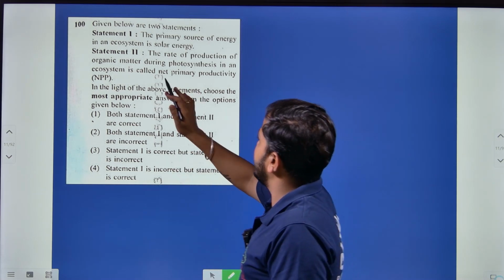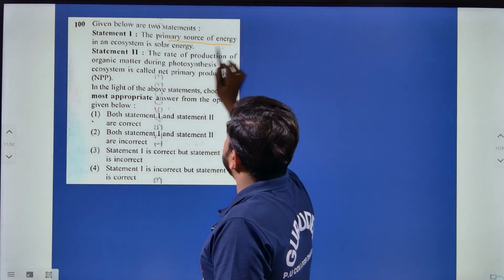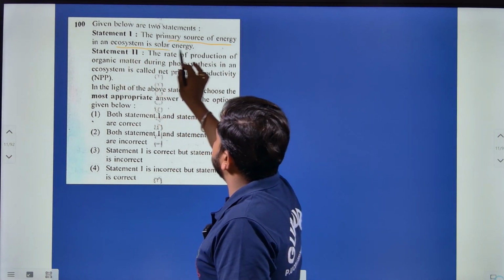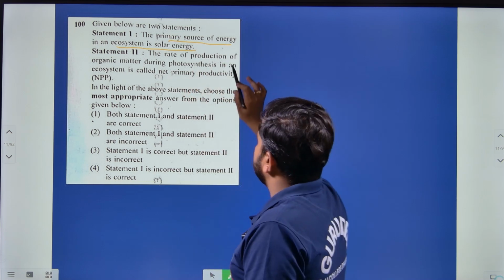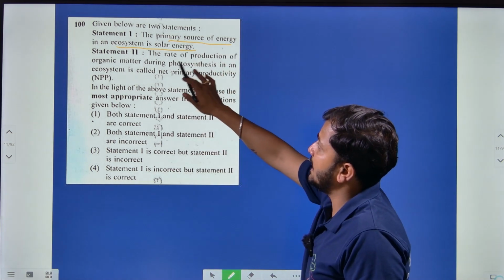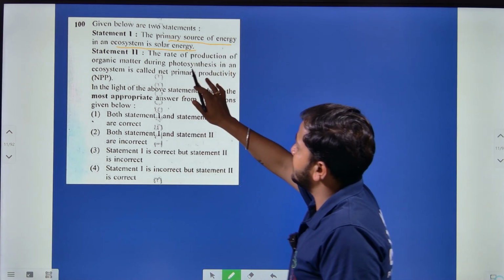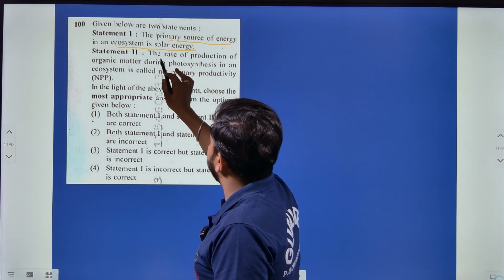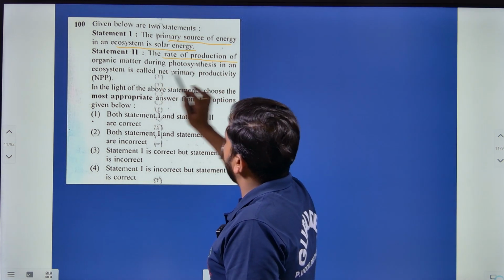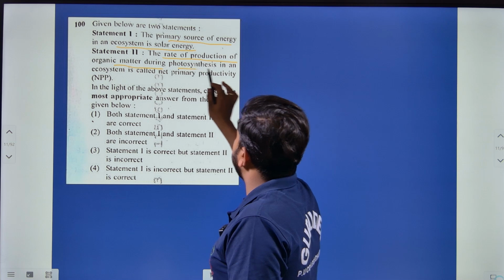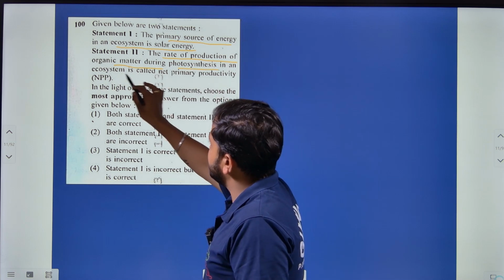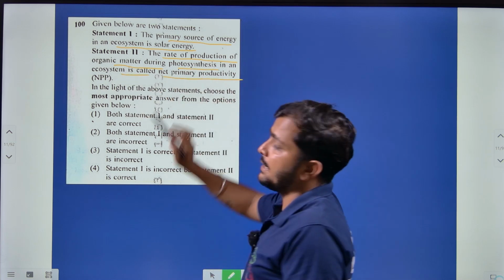Statement 1 says the primary source of energy in an ecosystem is solar energy. Statement 2 says the rate of production of organic matter during photosynthesis in an ecosystem is called net primary productivity.